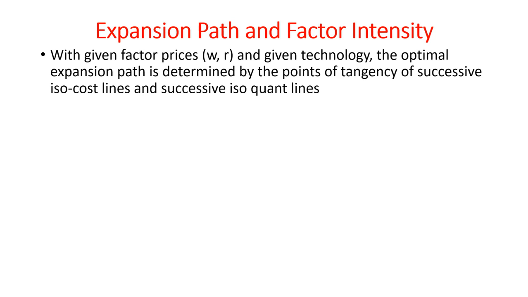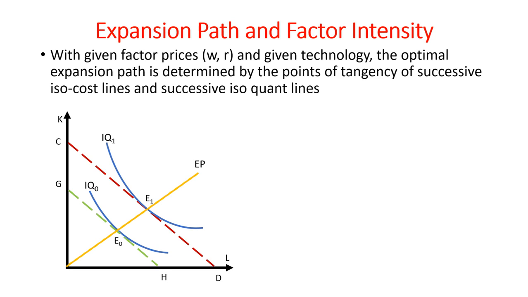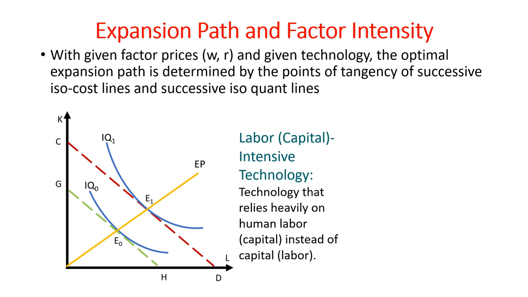Next is factor intensity. A technology that relies heavily on human labor instead of capital is called labor intensive technology. That is, when the firm wants to increase the output, it increases both capital and labor, but increase in labor is more than increase in capital.